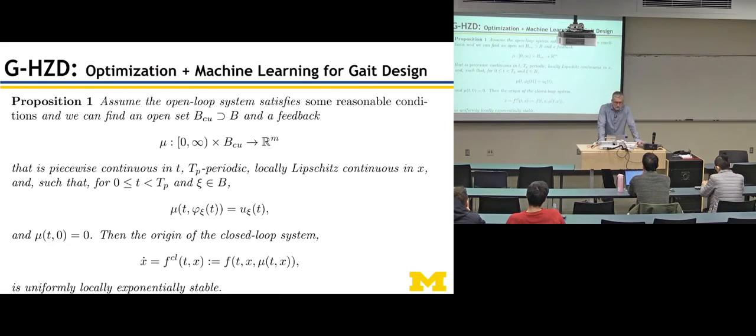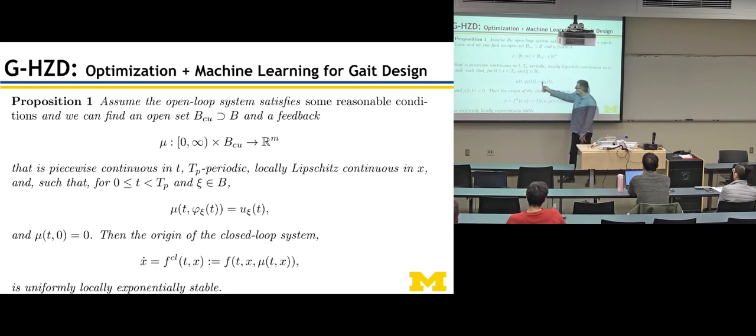But then there's a theorem that says if I have an open loop system that satisfies conditions that robots do, and I can find a time varying feedback, this is my period for my gait.